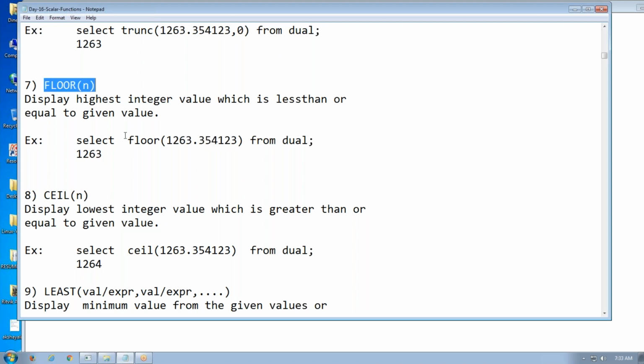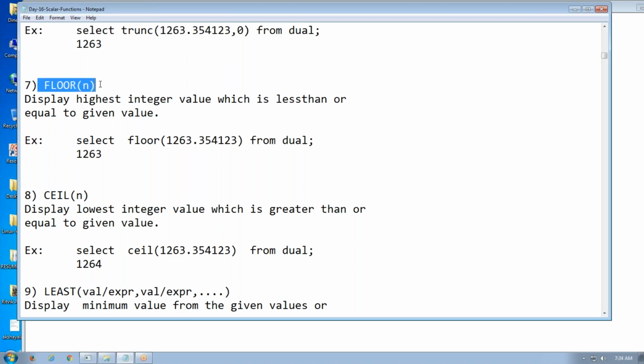Not possible. The floor function only prints the integer part, and the ceil function only prints the integer above the given decimal value. But trunc cannot print any value above the given value. Trunc is also able to print a decimal part, but floor and ceil functions are not. So don't think trunc and floor, ceil are equal.